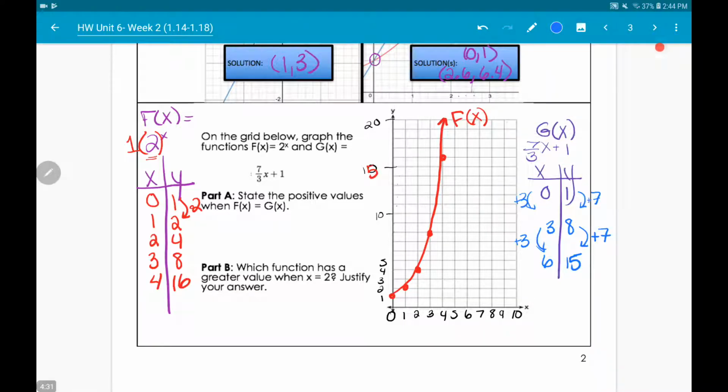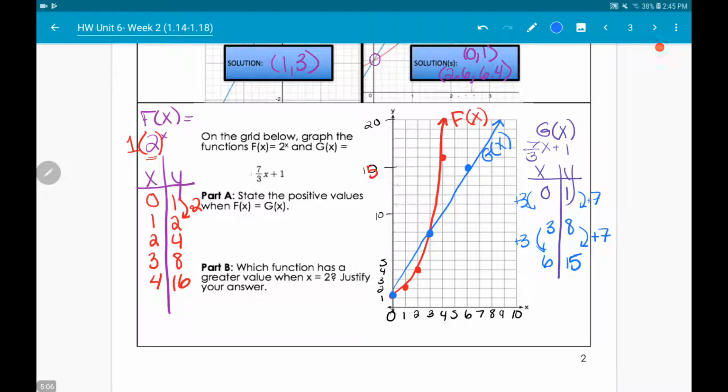And then I will graph g of x, and that's going to look like this, and again, label.